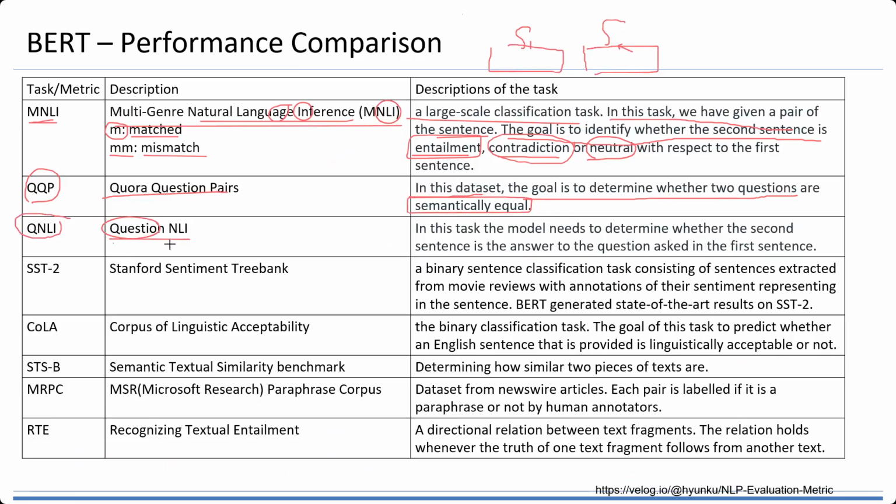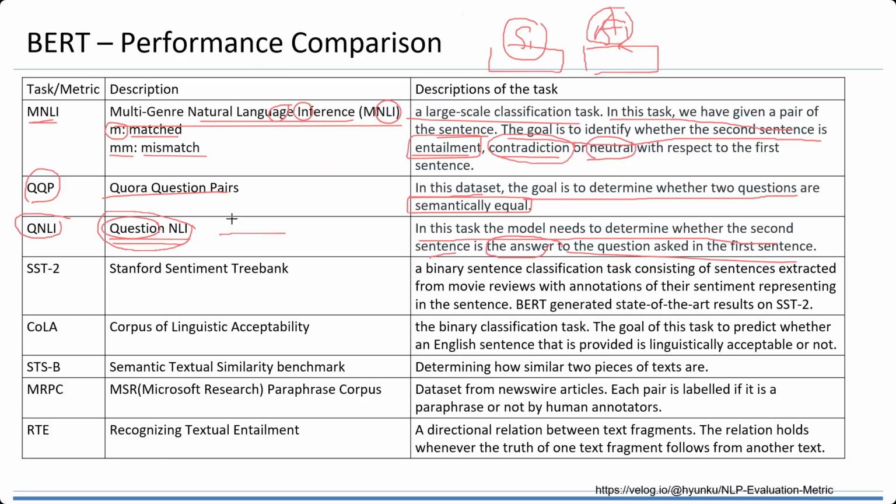But in question NLI, the model needs to determine whether the second sentence is the answer to the question asked in the first sentence. So I have sentence 1 and I want to check the answer, whether it is correct or not. If it is correct, the score will be high. If it is not correct, the score will be low.